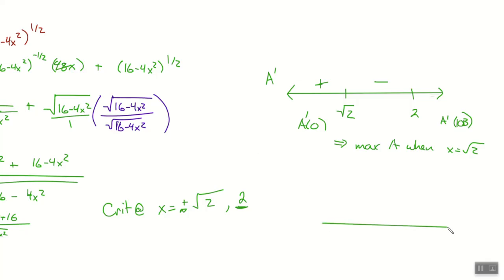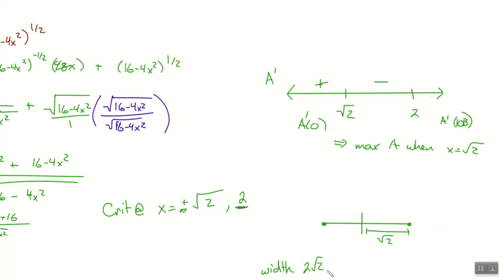What's the width of my rectangle now? If I know x is root 2. So here's the coordinate plane, and we just decided root 2 is this distance, right? So what's the whole width of my rectangle when I inscribe it? So the width is 2 root 2. Okay, so when x equals root 2, the width is 2 root 2.